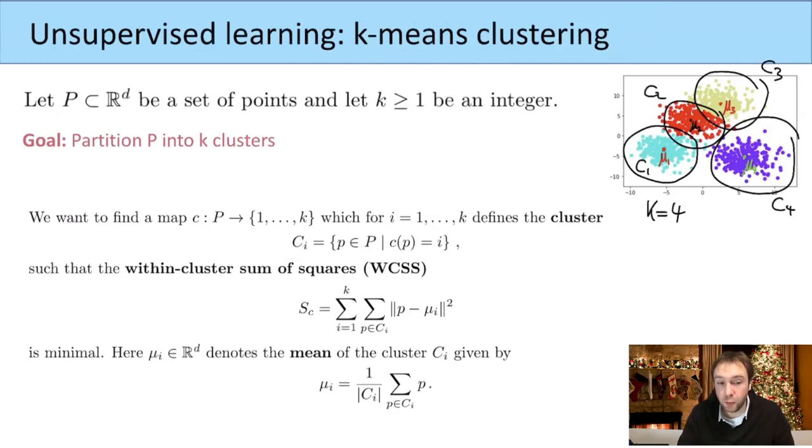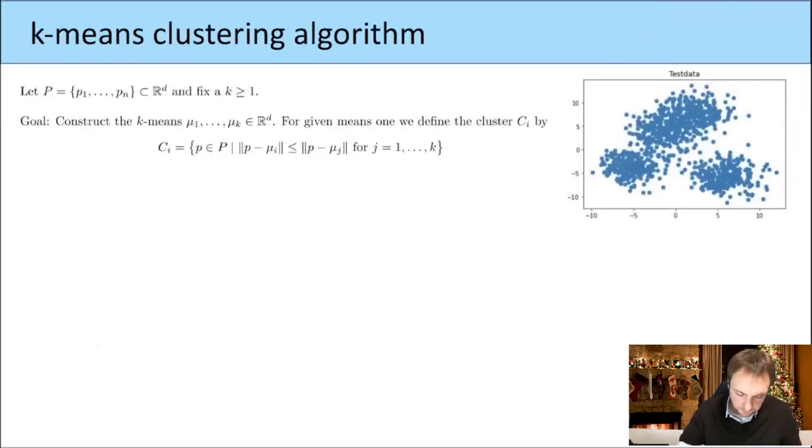Or more precisely, what we will find are these means. So this k-means clustering algorithm is called k-means because we are trying to find these means. So let P be a set of n elements. In this picture here, n is 200. So we have 200 points.